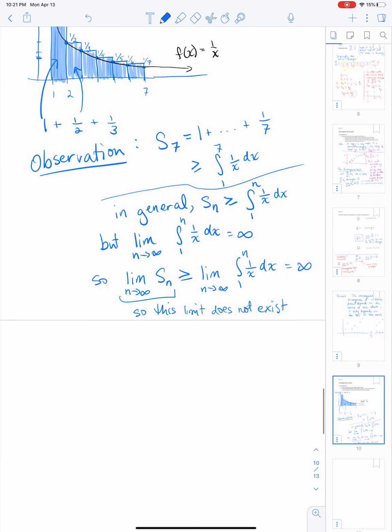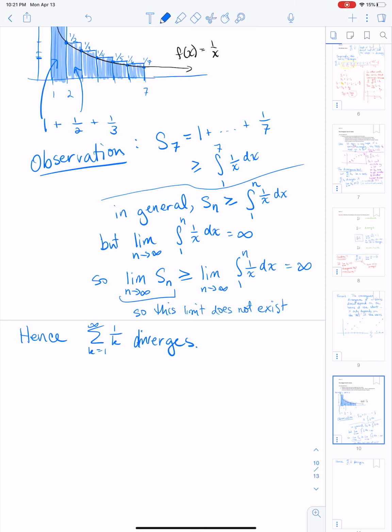Okay, so hence the series 1 over k, I want to use an indexing variable here, hence this series diverges.